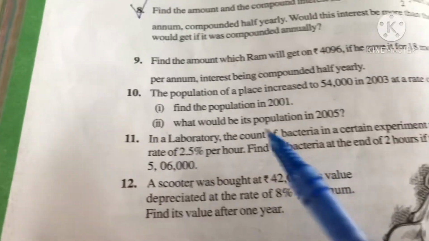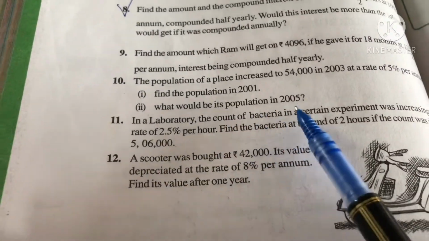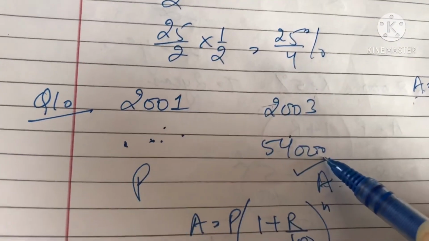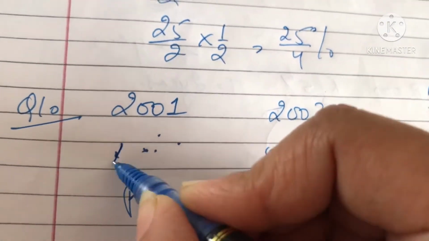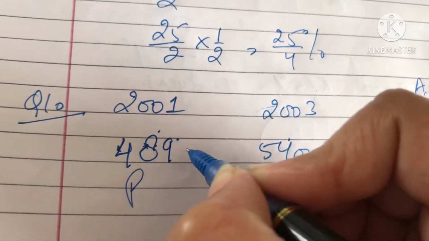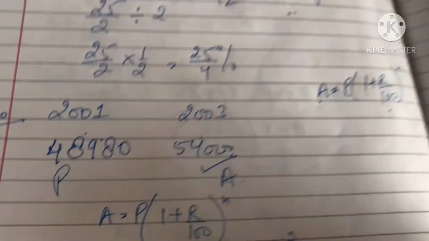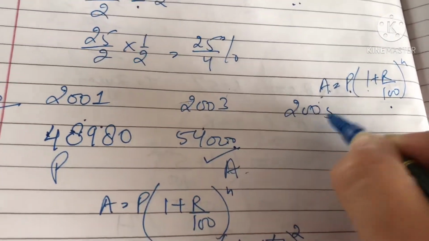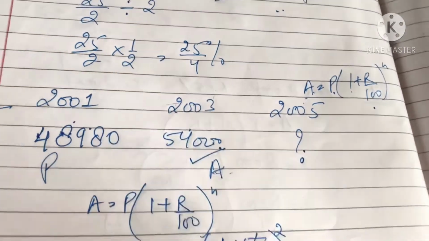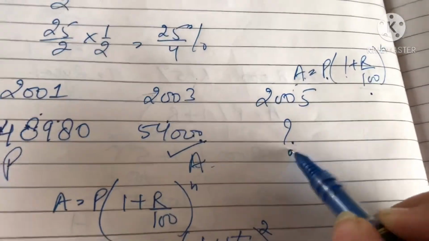Now in the second part it has been asked what would be its population in 2005. We already knew 2003, and 2001 we have found. Now we have to find for 2005. Again use this formula.